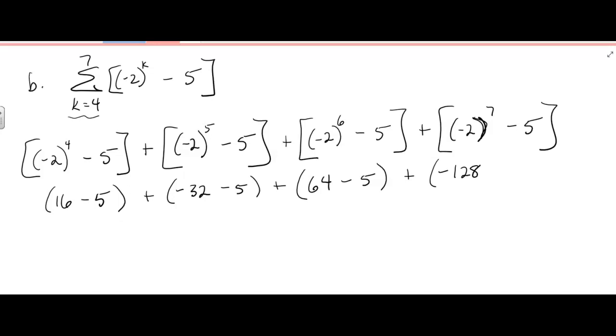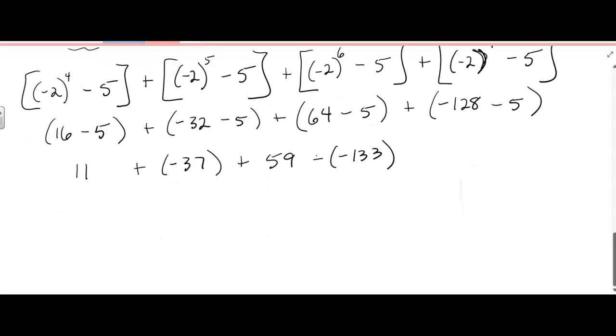I just keep multiplying by negative 2, right? Minus 5. Okay, so what do I get? I get an 11. I get a negative 37. I get a 59. And, well, a negative 133.